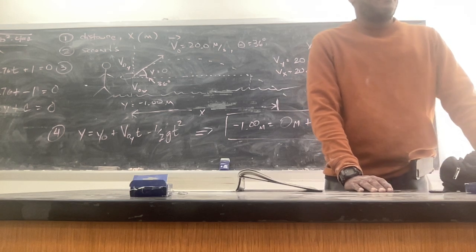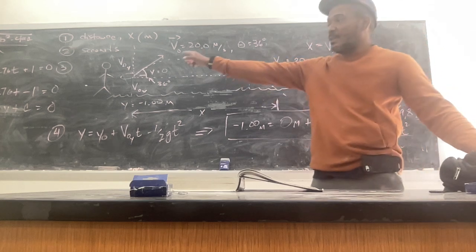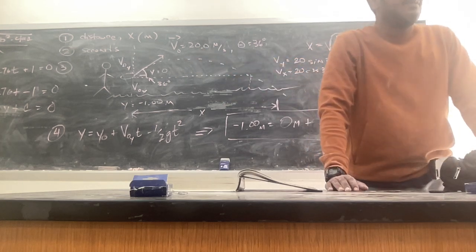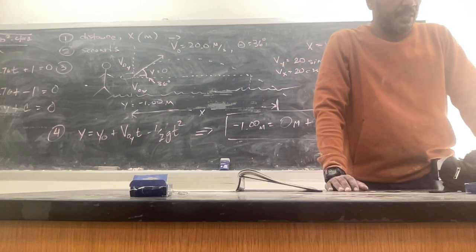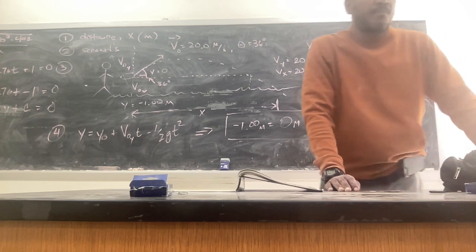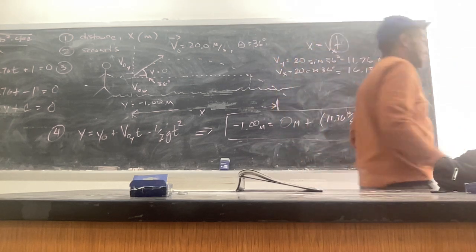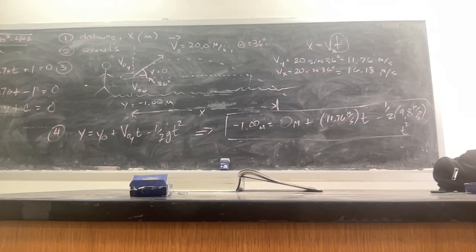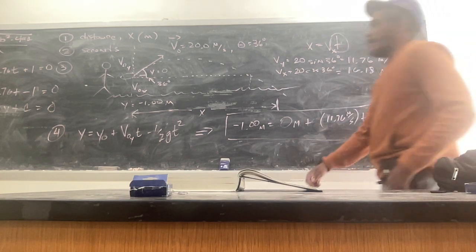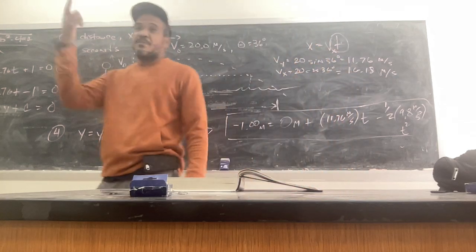So if it was 3, then we'd have 3 answers. So why does it make sense for this to have 2 answers? Because of the square root. Well, let's just get the 2 answers first.